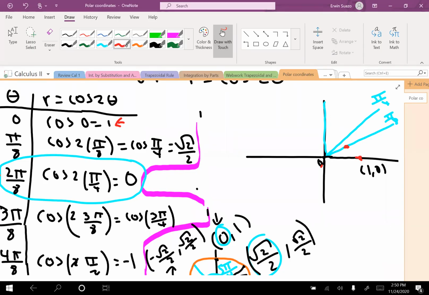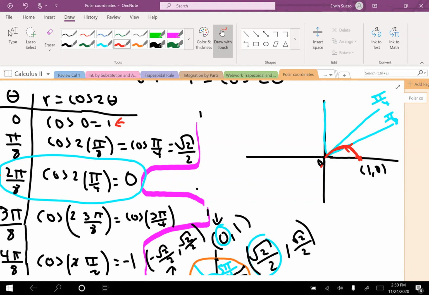So I'm here. So clearly I'm moving in this direction, right? So I try to fill up my points. I'm going in that direction, right? So I finish until pi over 4, but I have more.